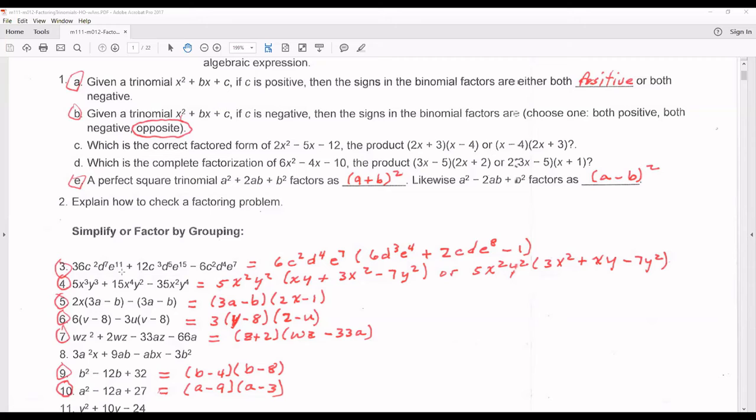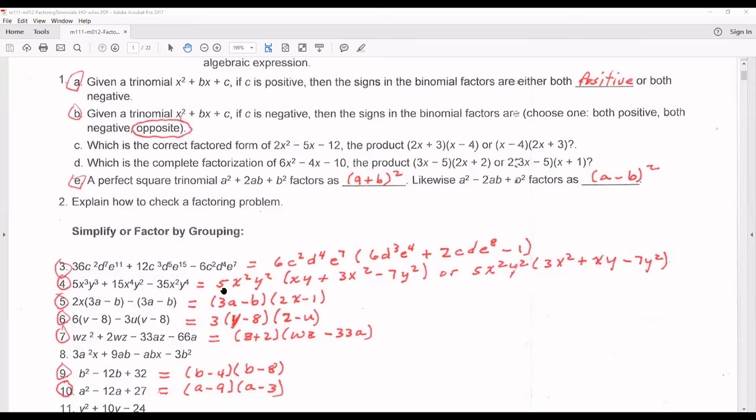Okay, I'll go ahead and do number 3 in case any of you did it. 6c squared d fourth e seventh times the quantity 6d cubed e fourth plus 2c d e to the 8th minus 1. And it's real easy to forget that 1 out here on the end, because this went into all of that one time.